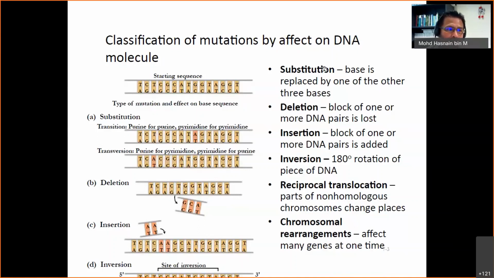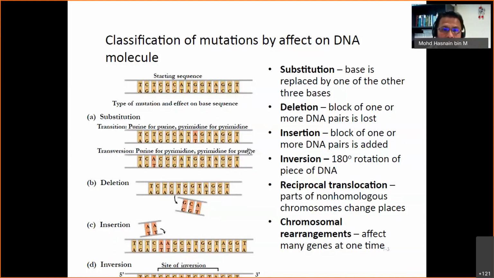In this case, the substitution is replacement of one nucleotide with another nucleotide. For example, purine to another purine is a transition. A transversion is when purine is swapped with pyrimidine. So those are the two different ways substitution can occur: transition and transversion.